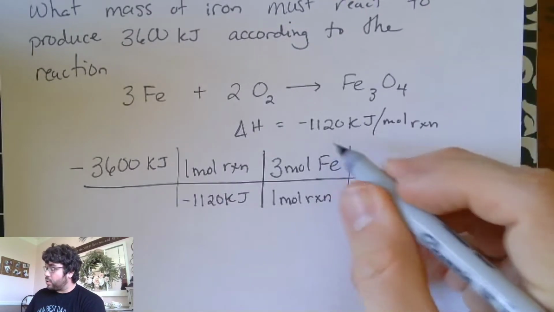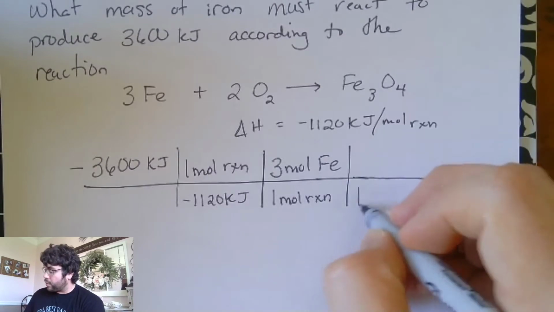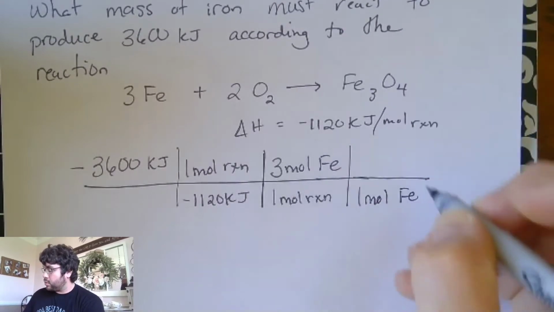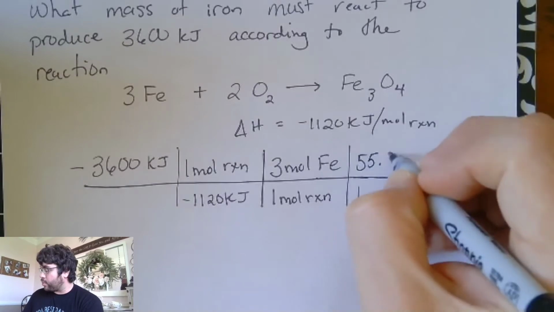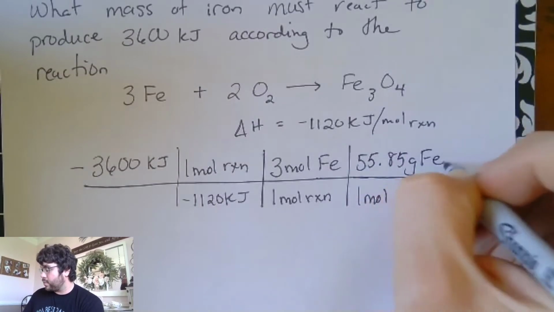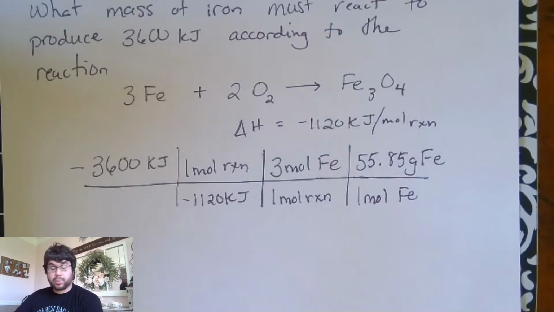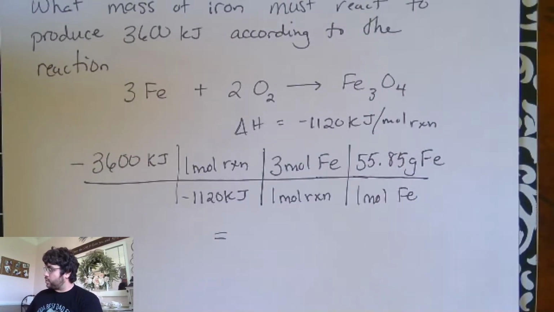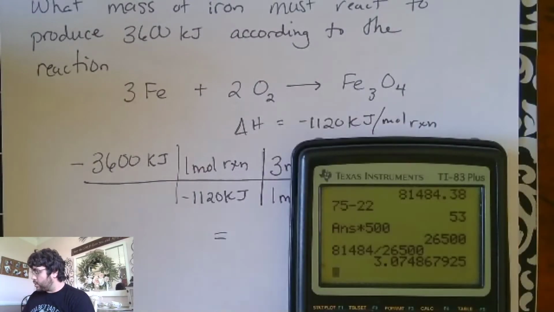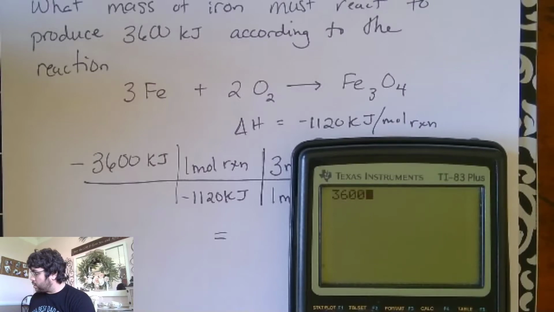And then to convert to grams, we're going to just go from moles of iron to molar mass, 55.85 grams. Okay, so that's how we would do this one. Let me just do the number crunch. It's going to get rid of the negatives, so I'm not going to put the negatives in my calculator. 3600 divided by 1120.